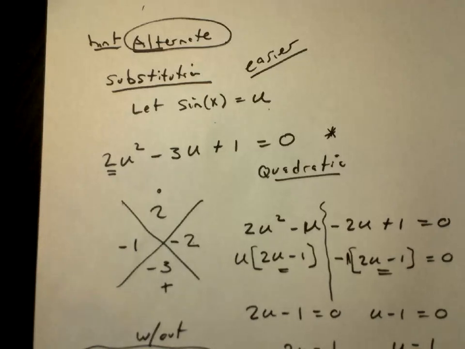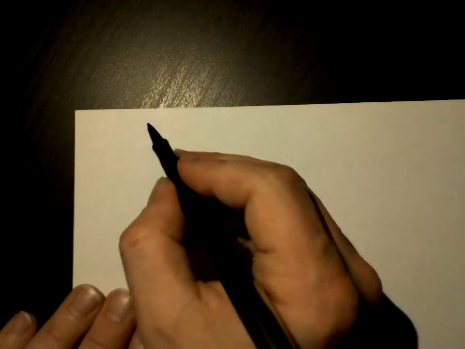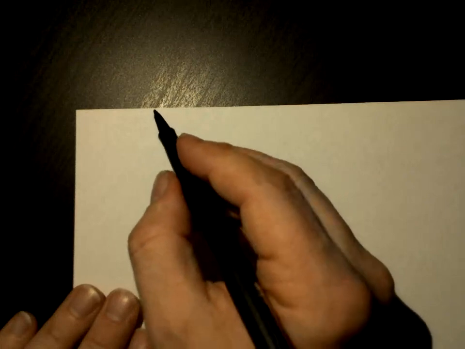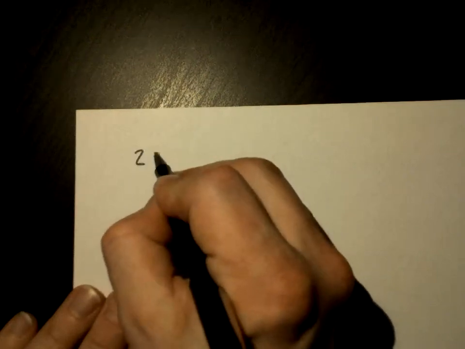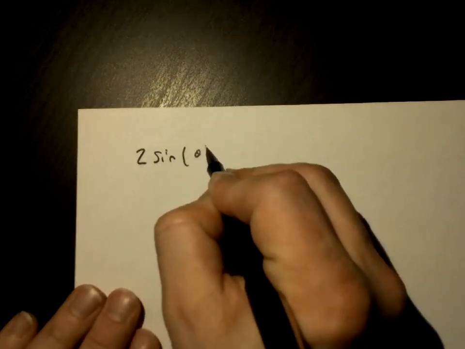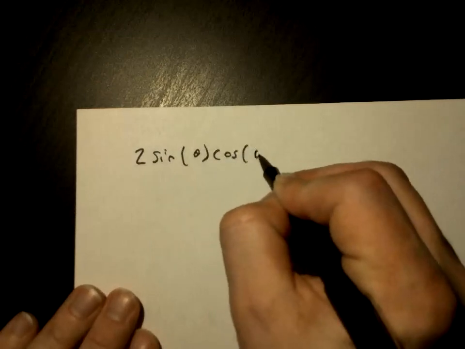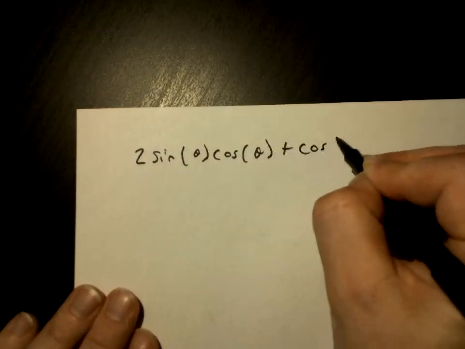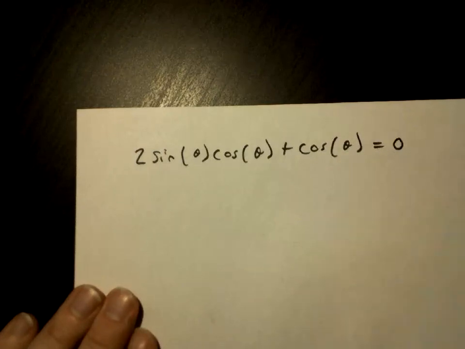And let's go ahead and try one more. Let's try this last one, and I will make this one kind of fun. We like fun, don't we? So let's go ahead and call this, what about 2 sine theta cosine theta plus cosine theta equals 0.